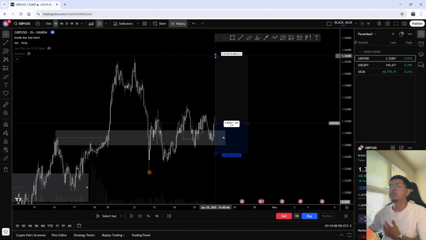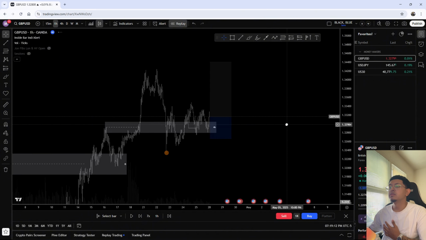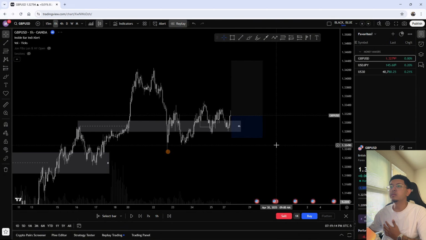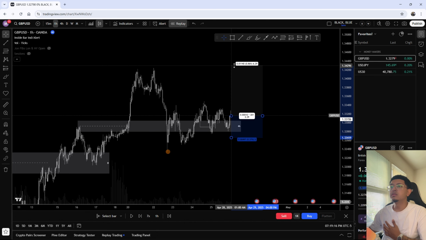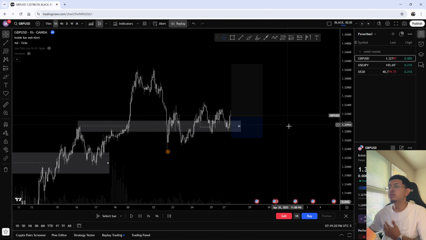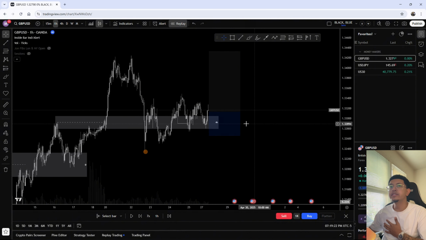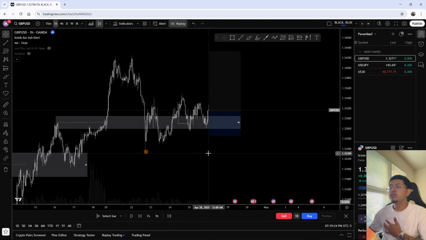Let me see. Right up here. Okay, I want to say it was right up there. Might have been lower, probably right here. I might have gotten in lower because I know I got a 2.5 R on this trade. So I entered in London session.